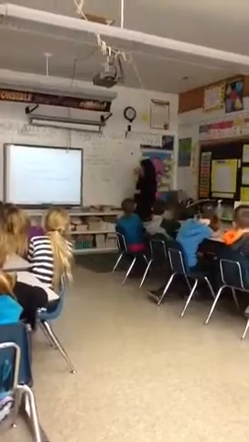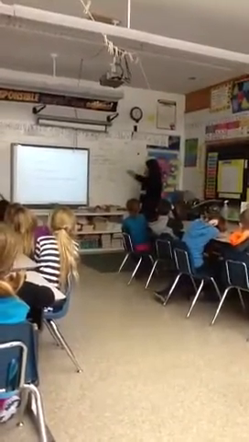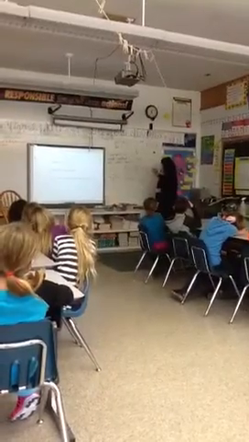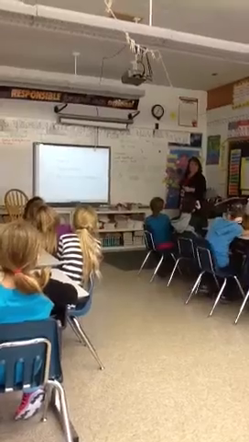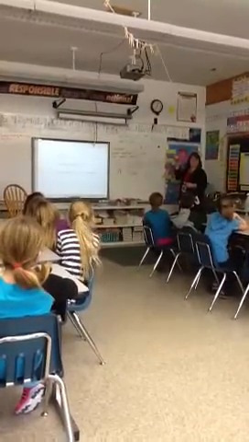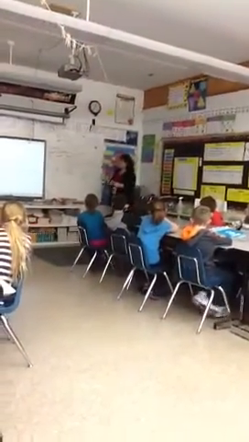So there's 6, 7, 8, 9, 10, right? Now how many pennies do we have up on top? 12. Let's count. 2, 4, 6, 8, 10, 12. We have 12.